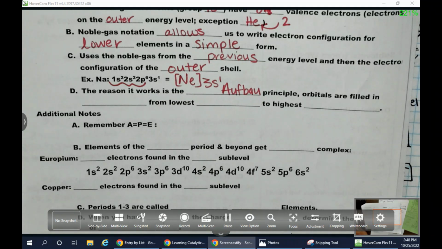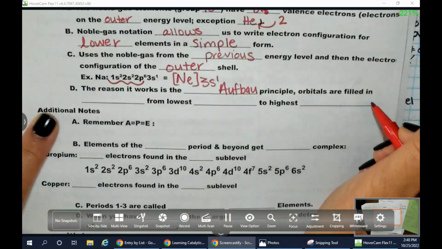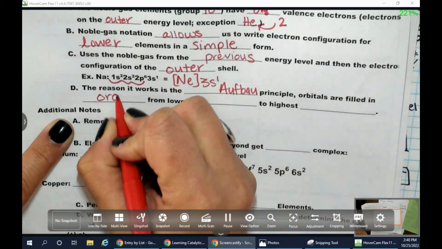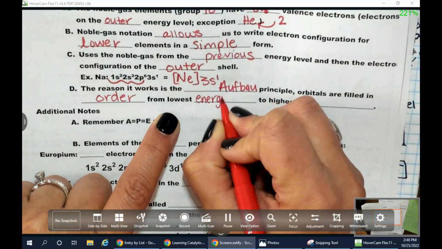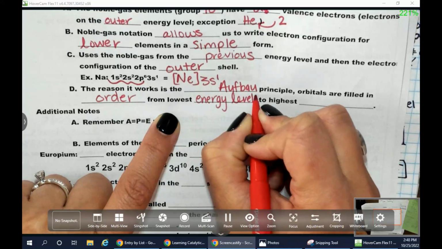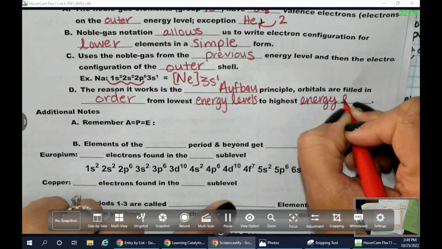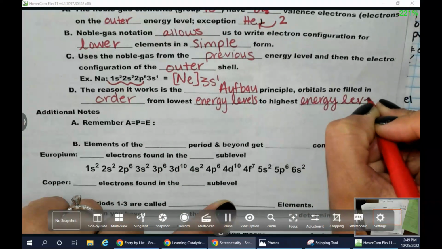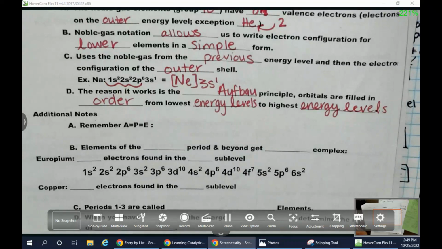So for us, that's moving through the periodic table in order. All right, so orbitals are filled in order from lowest energy levels to highest energy levels.